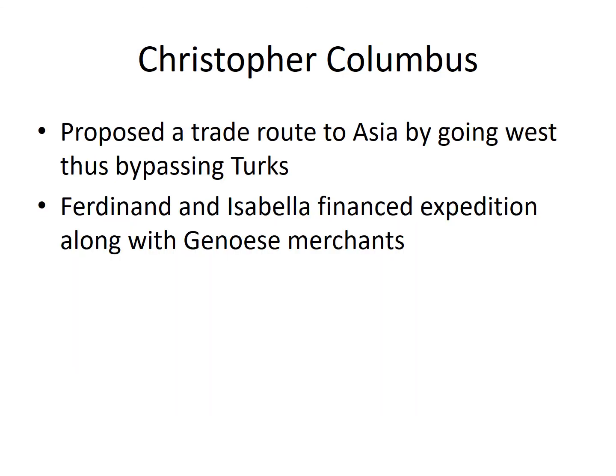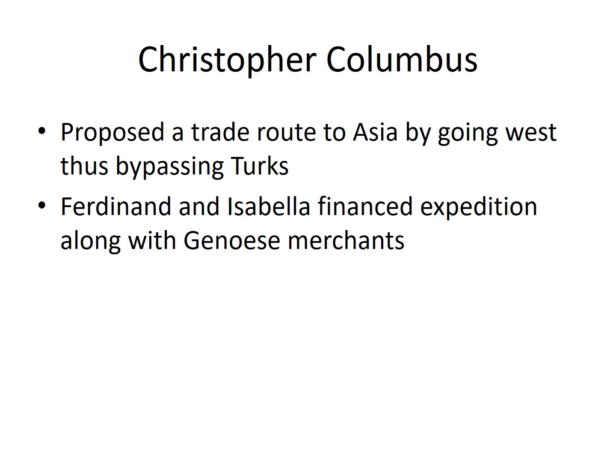All right, so Christopher Columbus, as we know, his expedition was funded by Ferdinand and Isabella of Spain, 1492. He proposed a trade route to Asia by going west, thus bypassing the Turks.